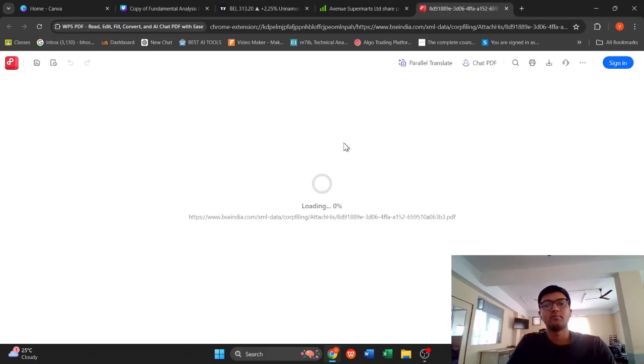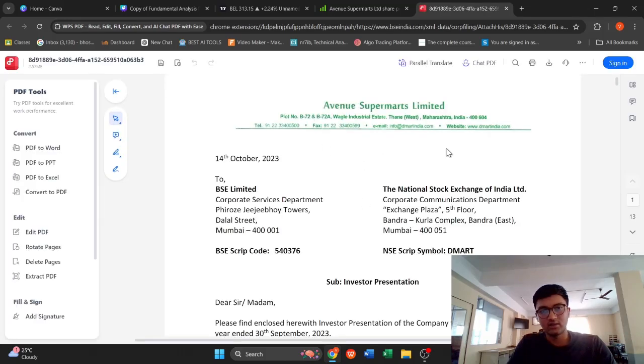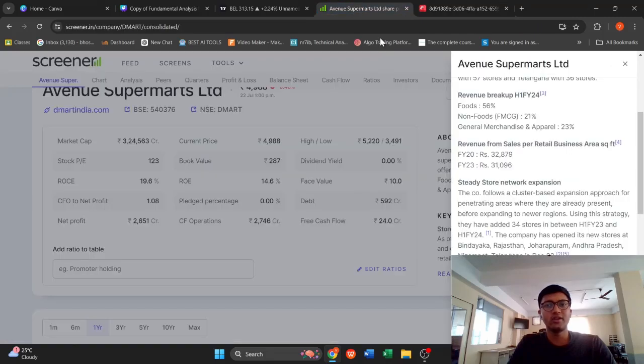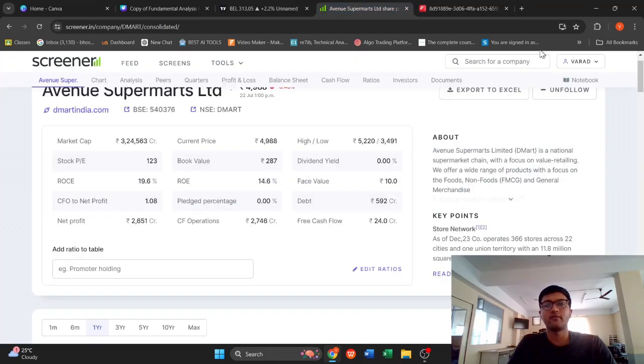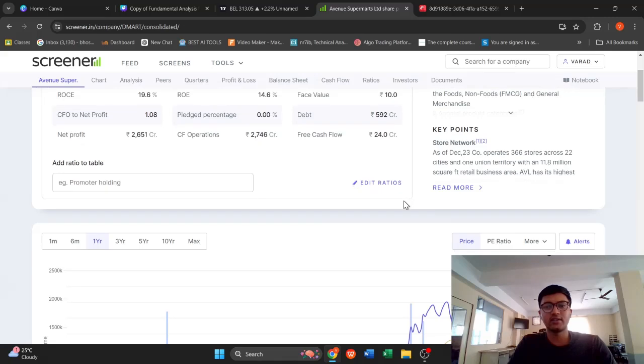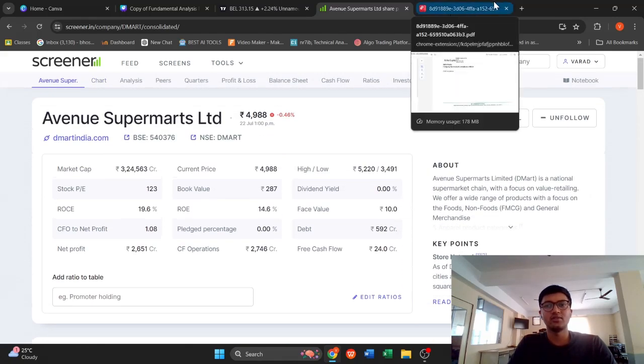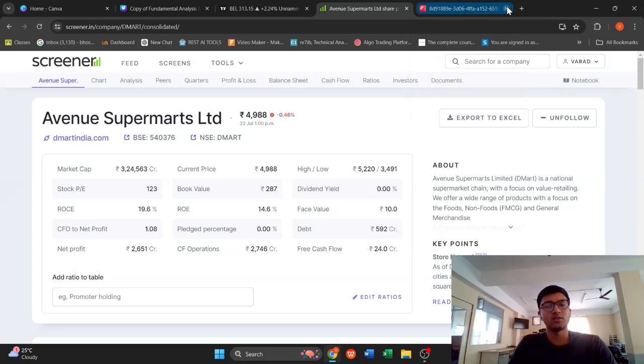What they're doing in Screener is just taking the data from the balance sheet, from October 14, 2023. We don't need to worry about exactly where Screener is getting the data, because we should absolutely trust the primary source, that is the annual reports from the company's website.